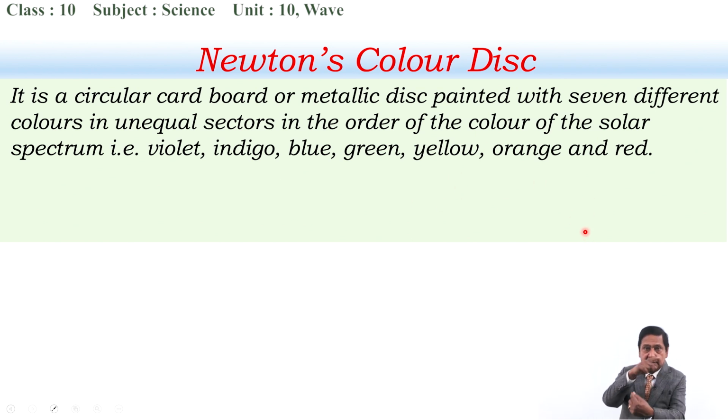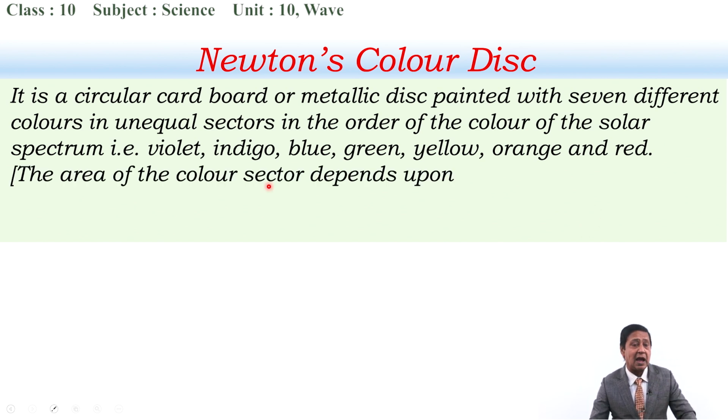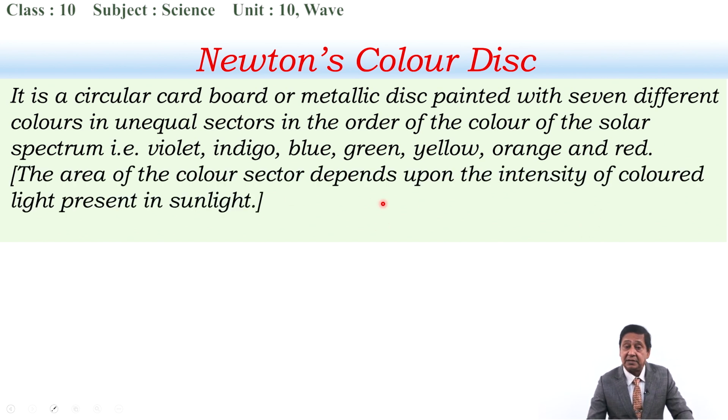It means this is a circular disc painted with color. And which colors are painted? The colors present in white light are painted in the order of VIBGYOR. But do you know that the area of the color sector depends upon the intensity of colored light present in the sunlight?